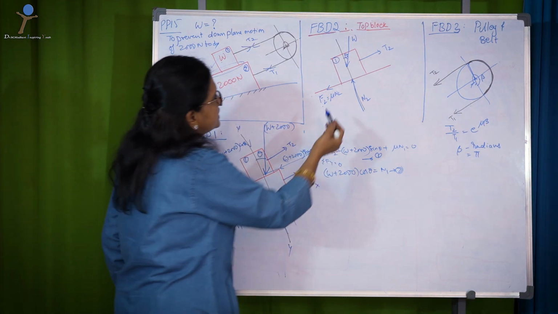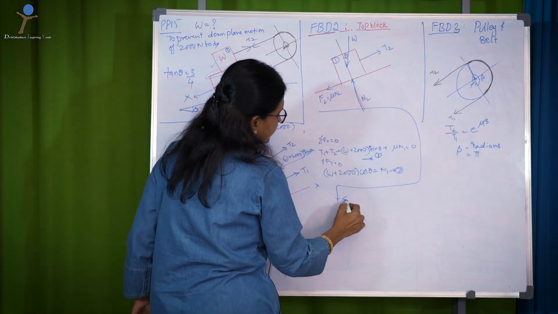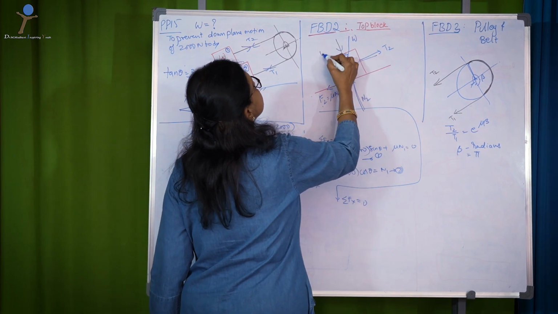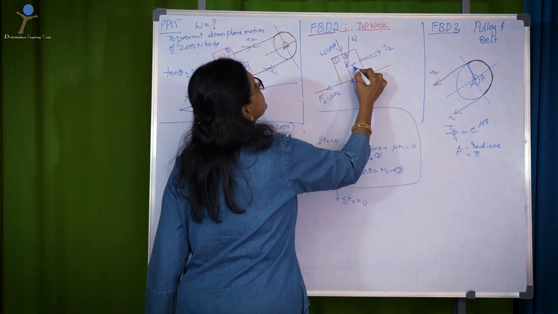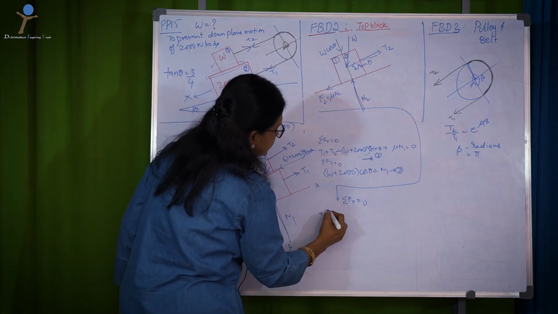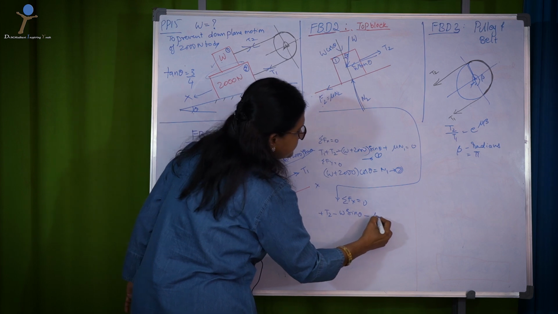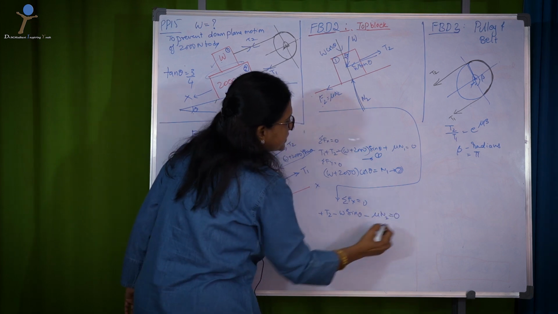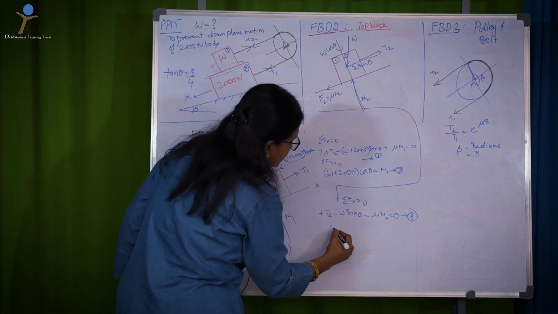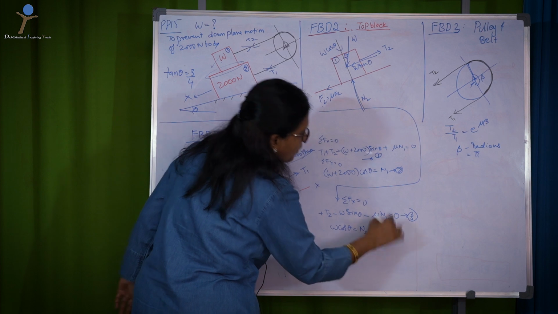Now the equilibrium condition sigma Fx equal to 0, with W cos theta and W sin theta, gives plus T2 minus W sin theta minus mu N2 equal to 0, equation number 3. Then W cos theta is equal to N2, equation number 4.